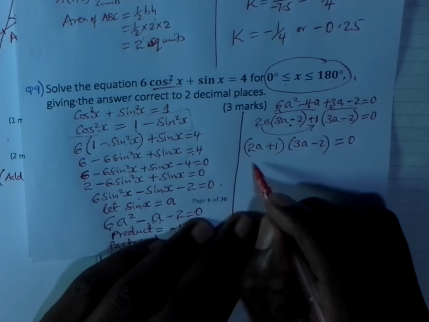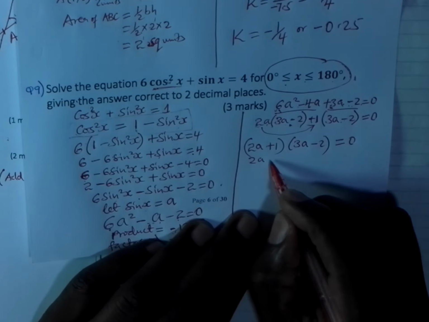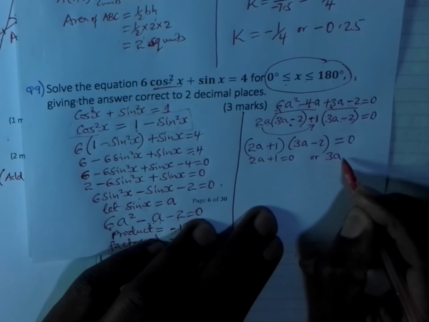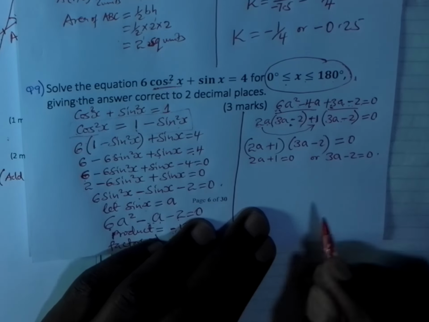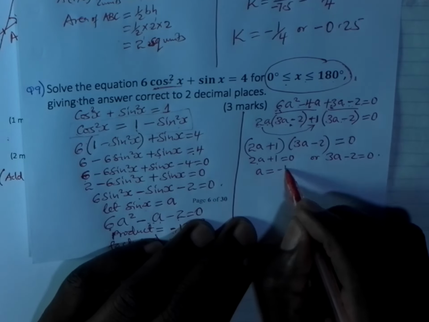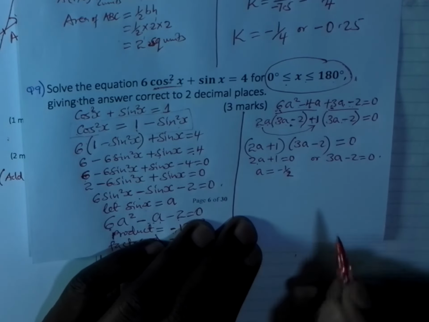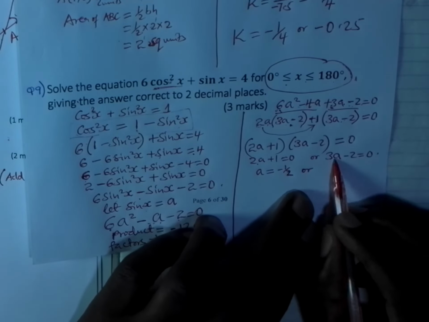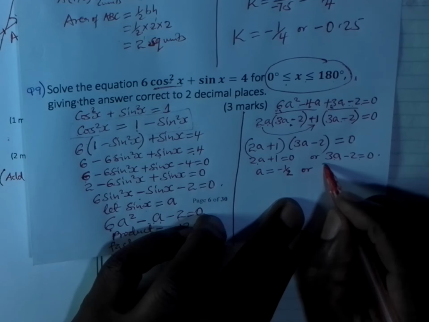That simply means either 2a plus 1 is equal to 0 or 3a minus 2 is equal to 0. Therefore here a will give us minus a half, or here a will give us 2/3.